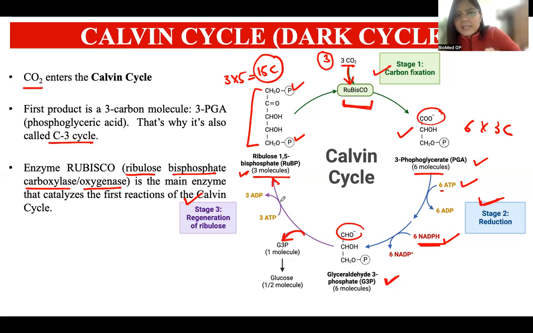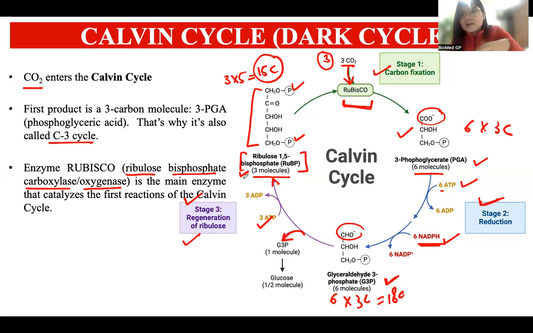undergo phosphorylation by the use of ATPs. So the phosphate group from the ATP molecule is going to come and attach to the carbons, leading to the formation of RuBP again. So there is regeneration going on here. You see, these are six molecules of 3-carbon molecules, which means 18 carbons.